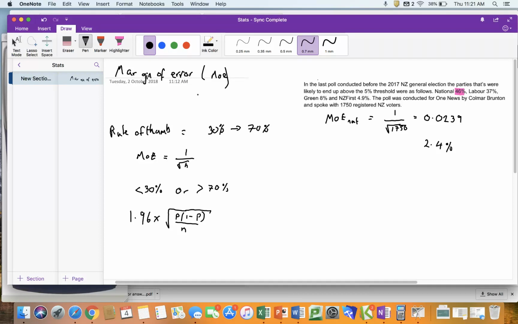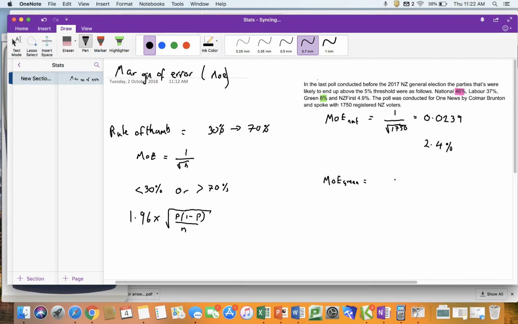Whereas if I'm going to get a different highlight color, because they're the Greens, I'm going to choose green. The Green Party was likely to get 8%. So when I come to work out the margin of error of the Green Party, my challenge is that I know their proportion is smaller than, sorry, smaller than 30%.